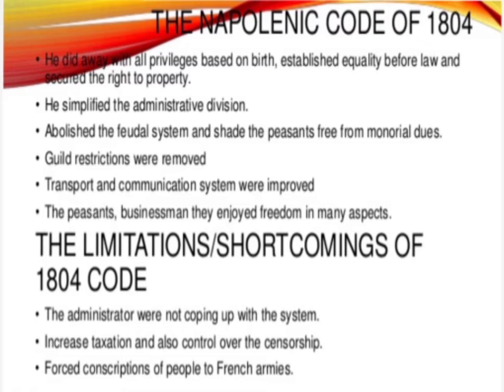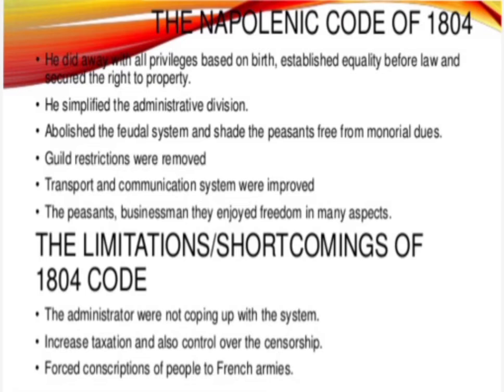Because it became clear that the new administrative arrangements did not go hand in hand with political freedom. Under Napoleon, people did not get freedom. There was no political freedom. And not only that, he increased taxation, censorship, and forcefully recruited people into the army.